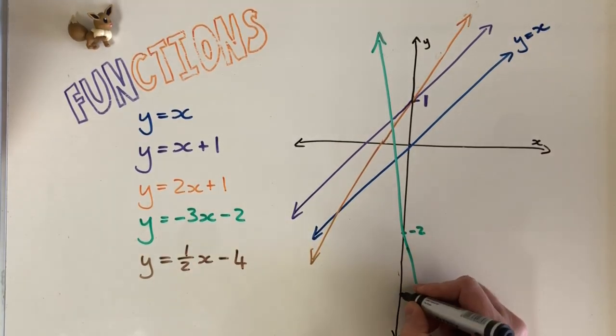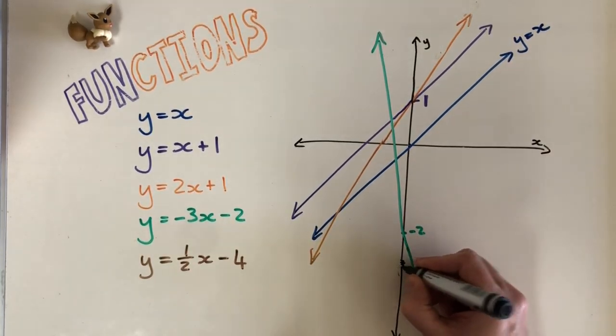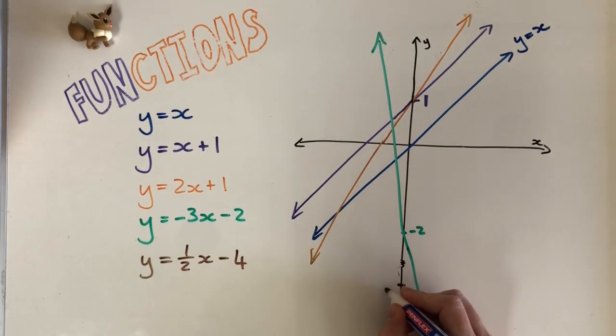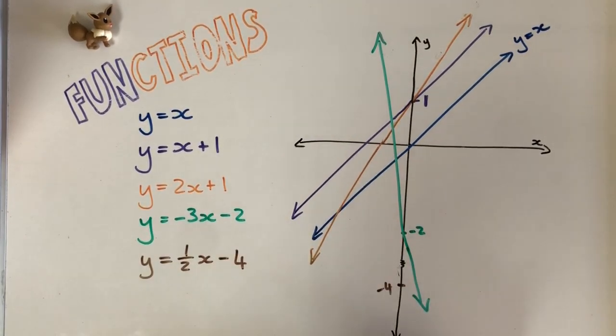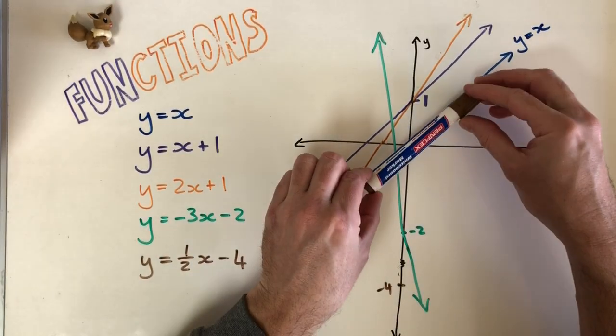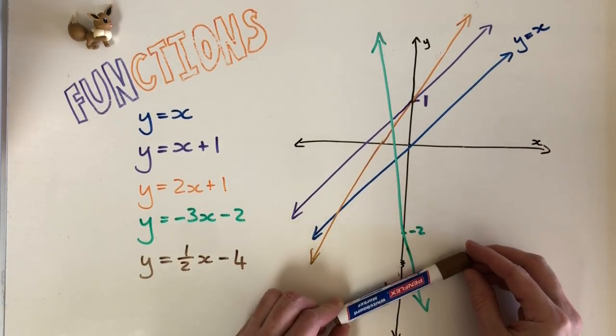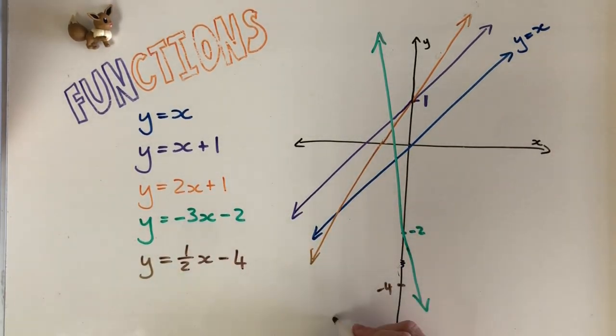I know it's not going to be according to scale. Let's just do that. So there's a break in scale, and then this is going to be negative 4. So this one has a gradient of a half. If this was a gradient of 1, this one would be half, so it would be less. So it's probably going to be something like this.